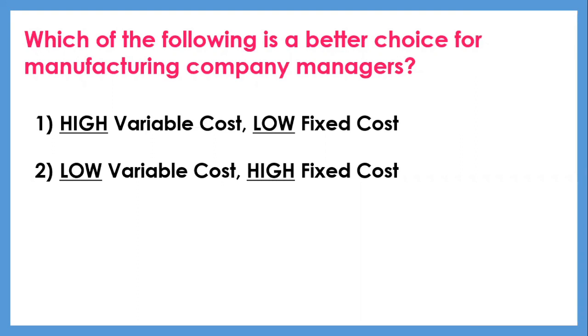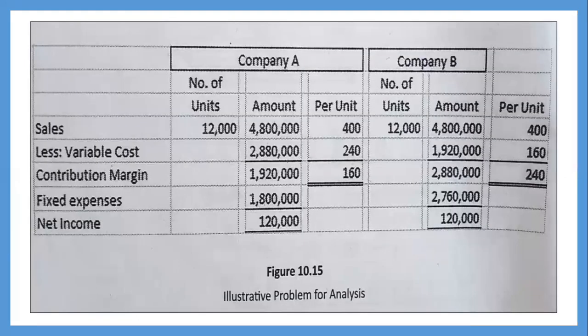Now, consider the two manufacturing companies below having the same line of business, but different ways of handling their operations. Company A used the traditional manual method, while company B used modern machines to augment its operation.